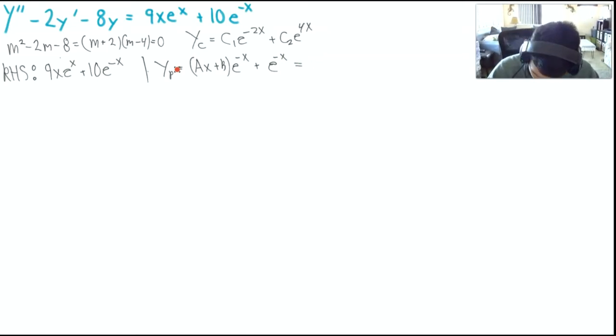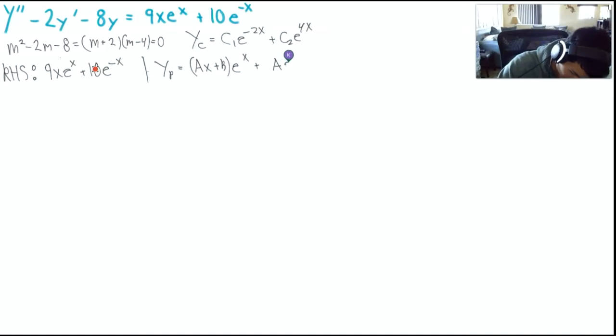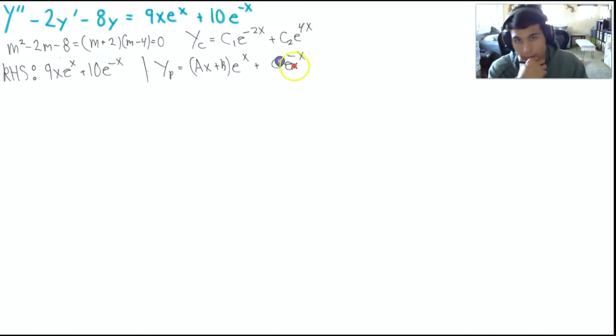Actually, it's not just e to the negative x. We have to account for the fact that if we were to take the derivative, there would always be a number in front, so it'd be c e to the negative x. Let's pick c, this regular c. So this is how we could resemble the right-hand side using yp.